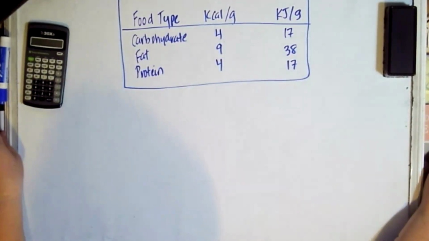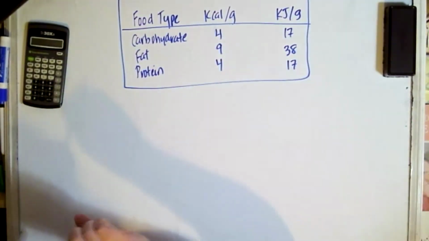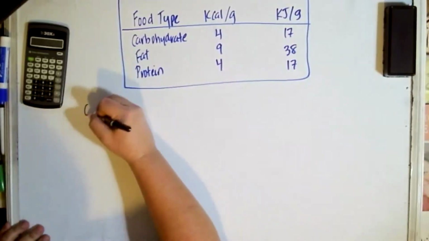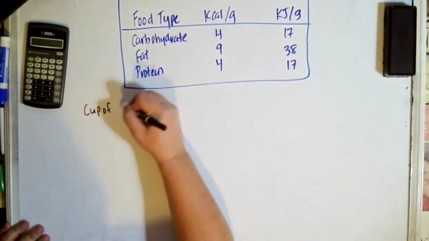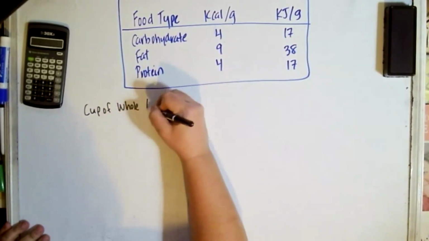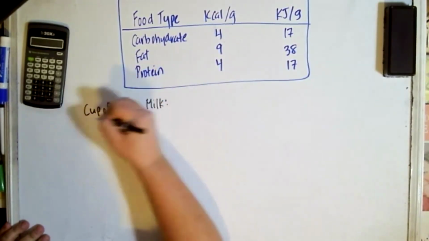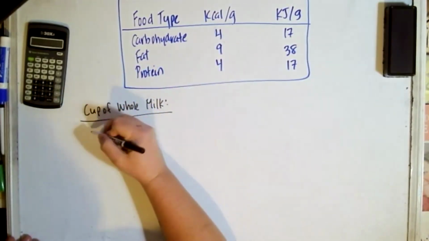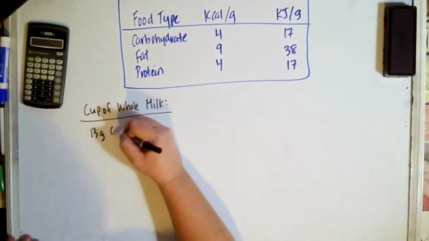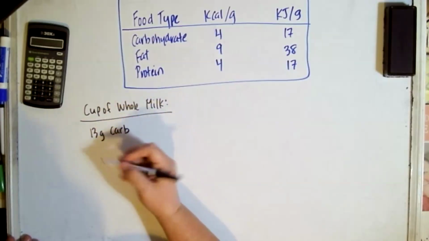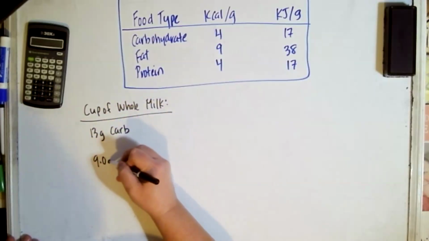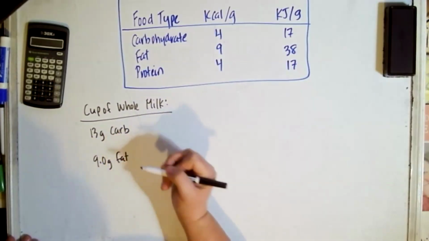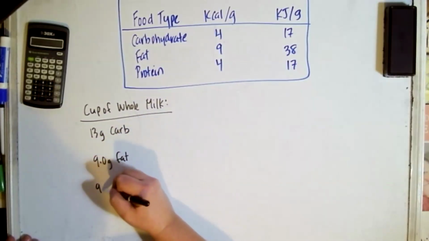All right, so in our cup of whole milk, we have 13 grams of carbohydrates. We have 9 grams of fats. And we have 9 grams of protein.